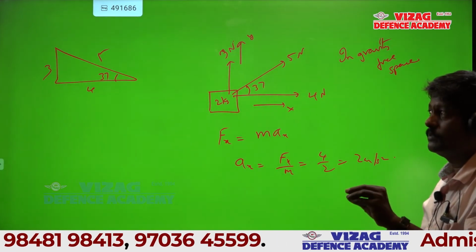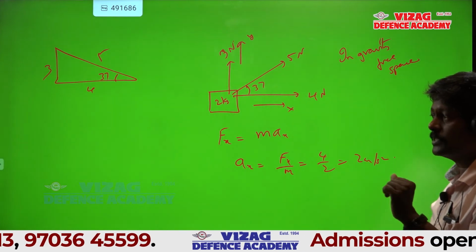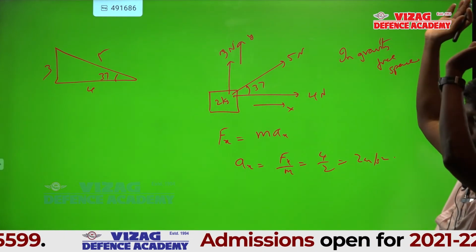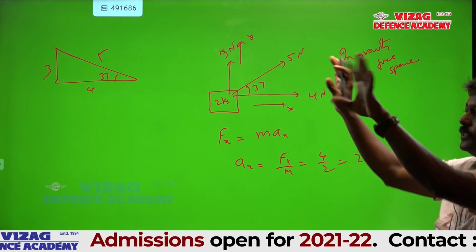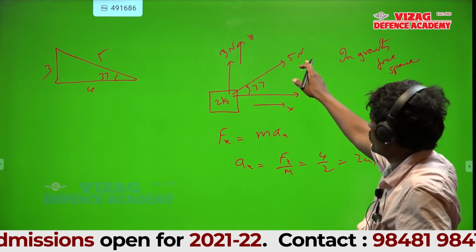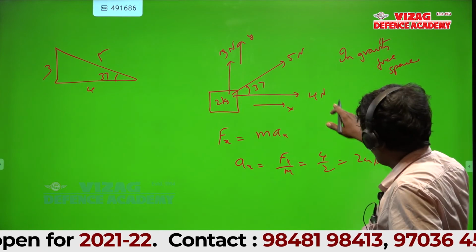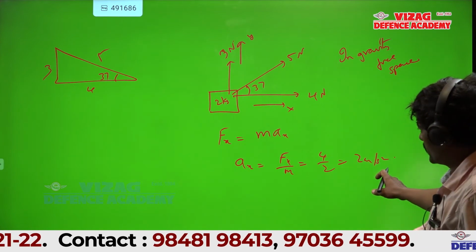Mass is there. I am not saying mass is not there. You are in the outer space, weight of the body is 0, you applied only 5 Newton. In the x direction, the body will have an acceleration of 2 meter per second square.